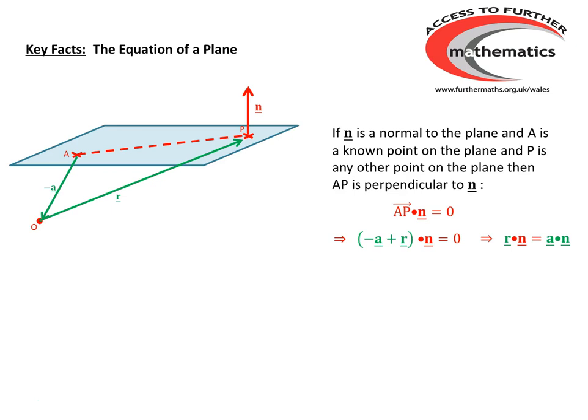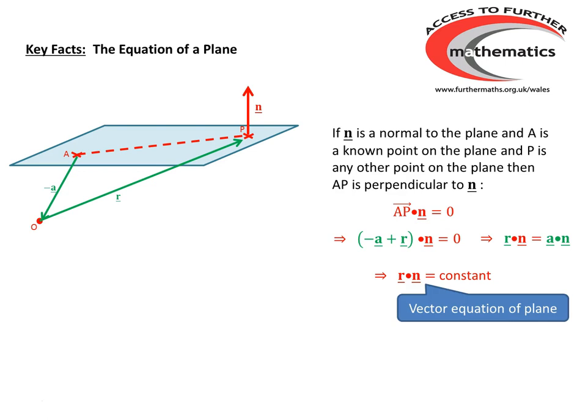So wherever the point P is on the plane, the value of r dot n is going to be the same as the value of a dot n. In other words, r dot n is a constant for all points on the plane. And that's our vector format for the equation of a plane.